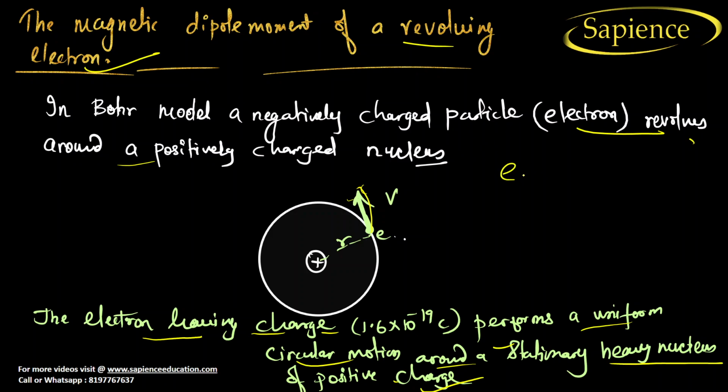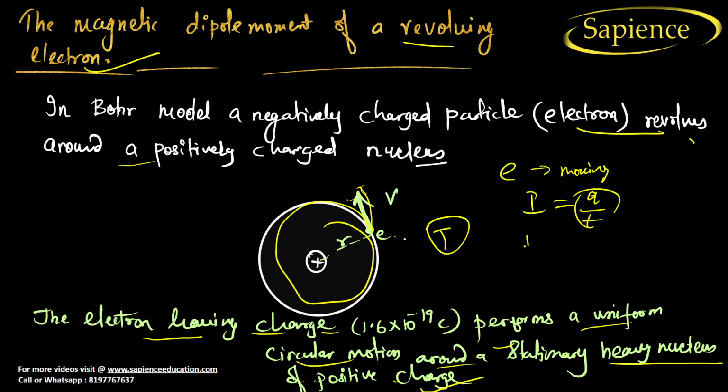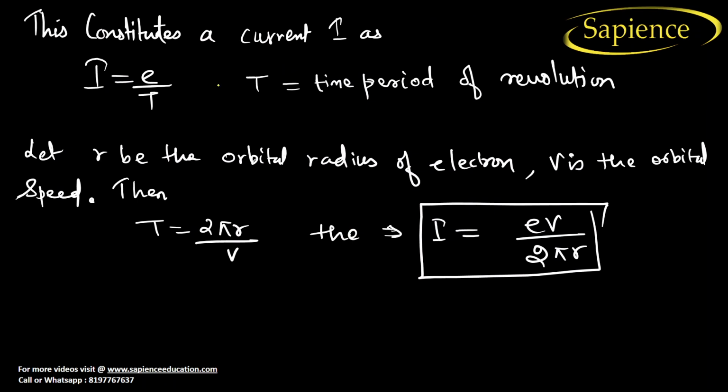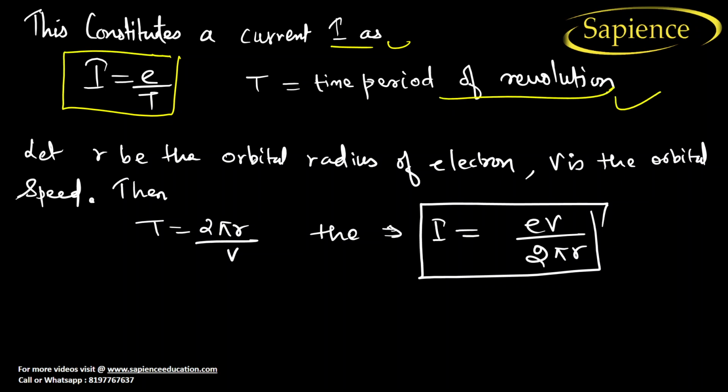Now tell me, if the electron is moving, it is creating a current I, yes or no? Current I is equal to charge per unit time. In one rotation, how much time has it taken? T. So for one rotation, current is equal to e by T, where T is the time period of the revolution.